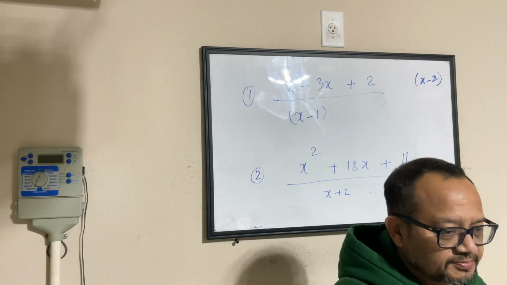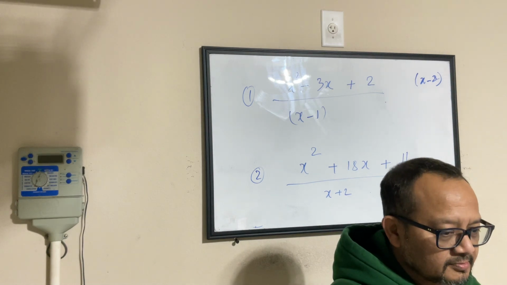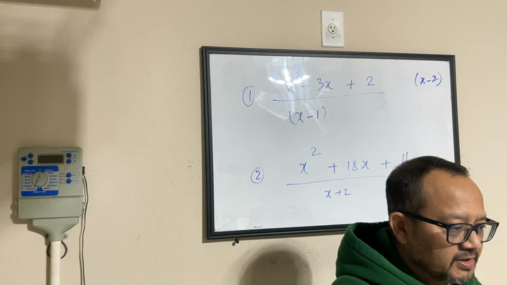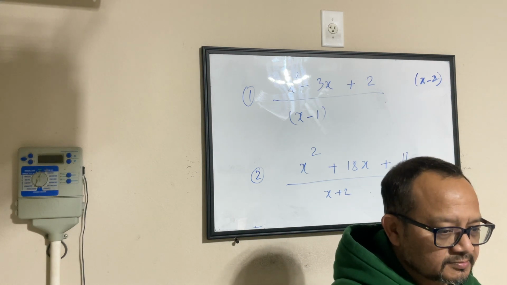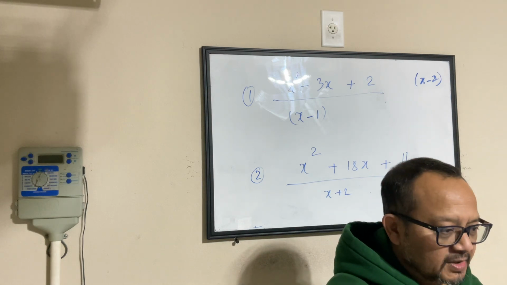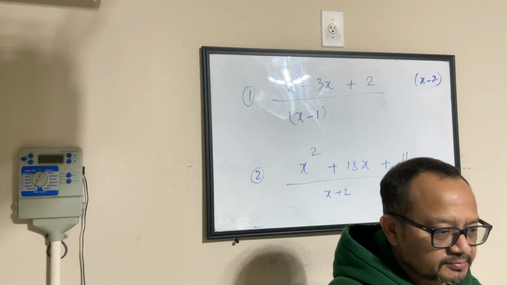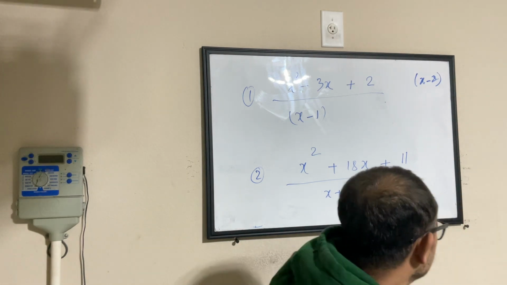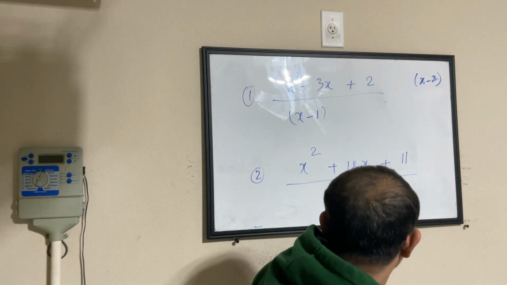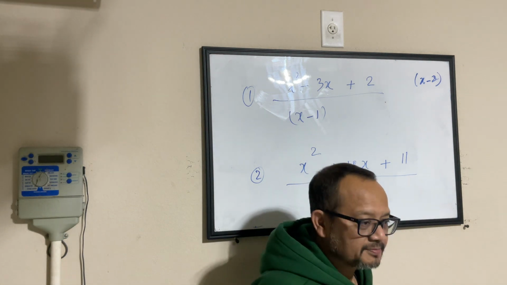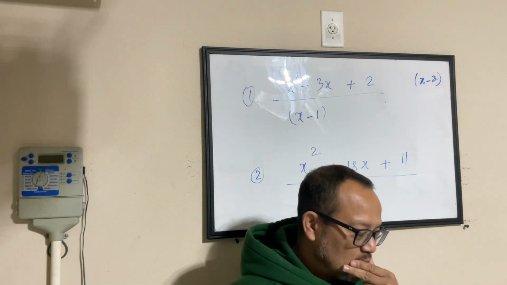Yes, Prashar. I got the same thing. Yeah, Dev, I got the same thing for the first one. How about you, Vihan? I got the same thing for the first one, and for the second one, I don't think it's simplifiable. You cannot simplify.